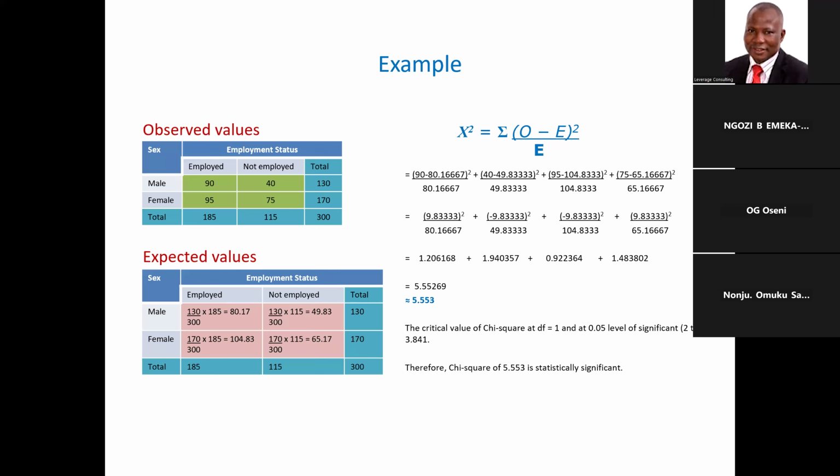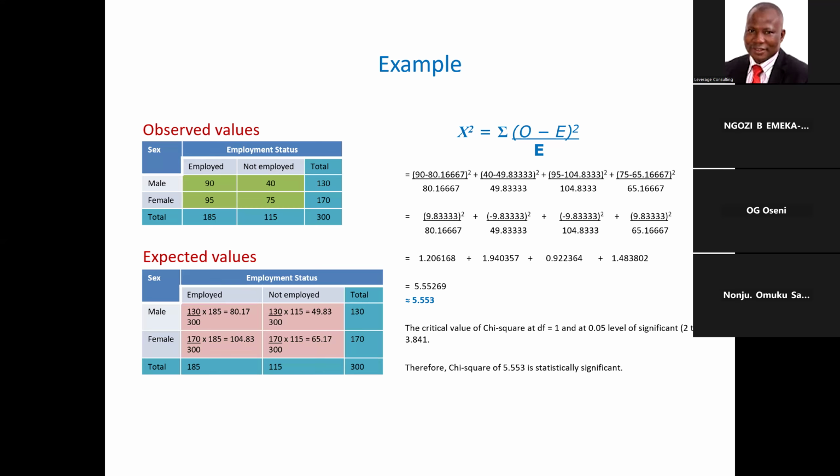I said that the p-value and the statistic move in opposite directions. For the p-value to be less than 0.05, the statistic will be higher than the critical value. That's what has happened here.